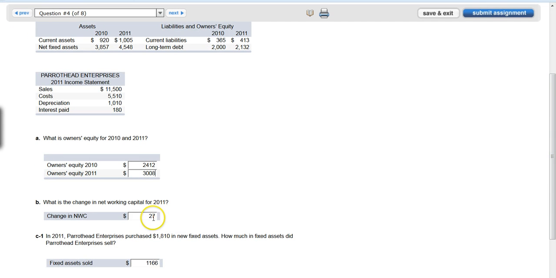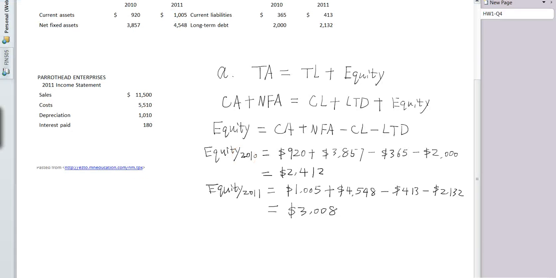And part B, what is the change in net working capital for 2011? So to calculate the change in net working capital, we first have to know the definition of net working capital, right?